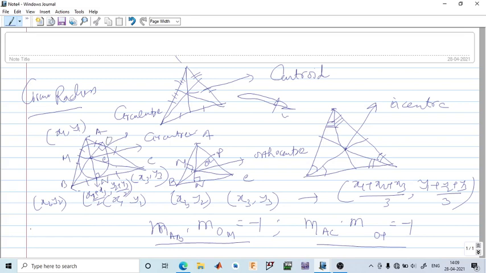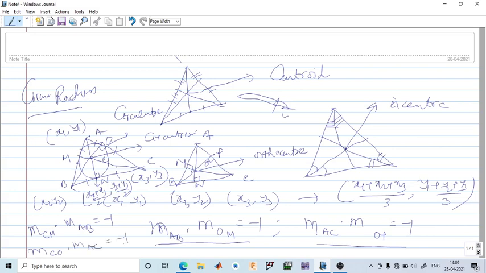We use the same condition: slope of CM times slope of AB equals -1, like that of orthocenter, and slope of CO times slope of AC equals -1.